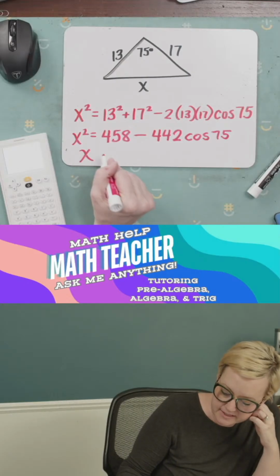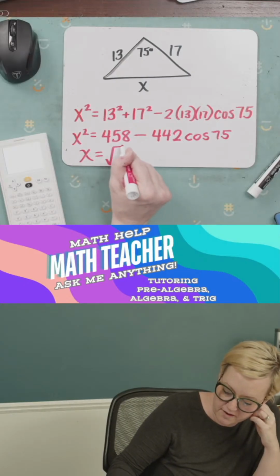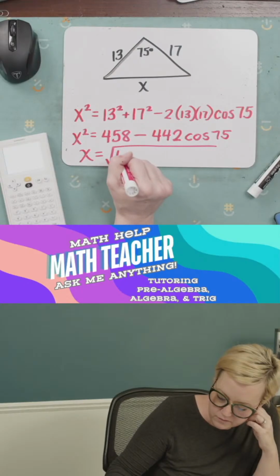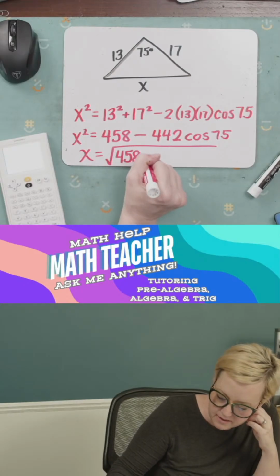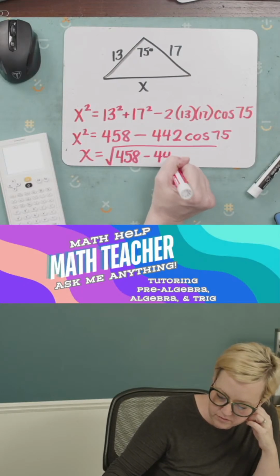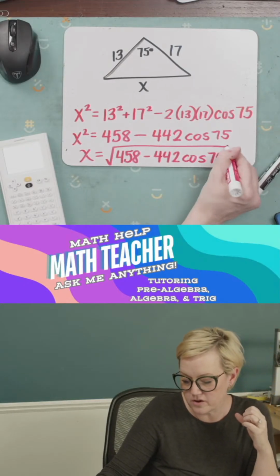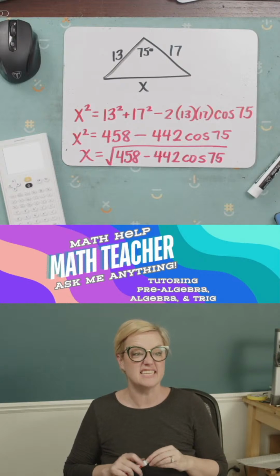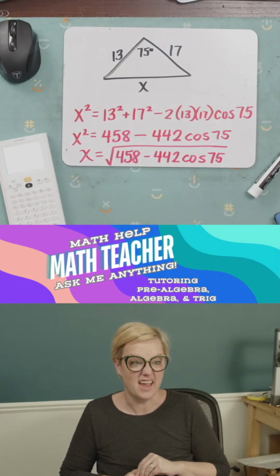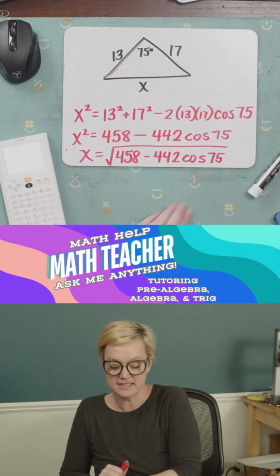So x is going to be the square root of that whole thing: 458 minus 442 cosine 75. You can type this into your calculator as it is.